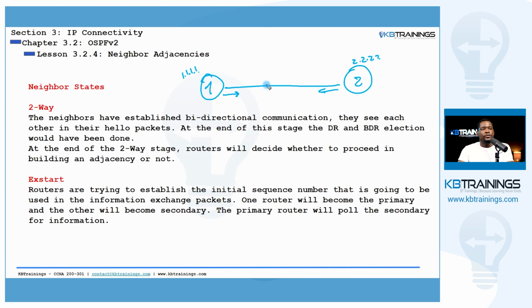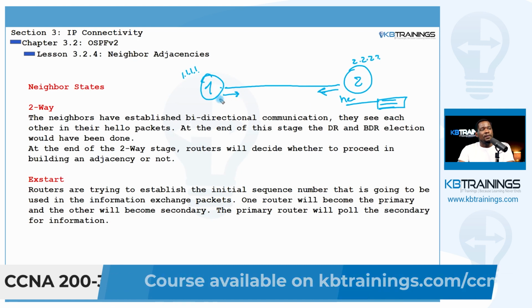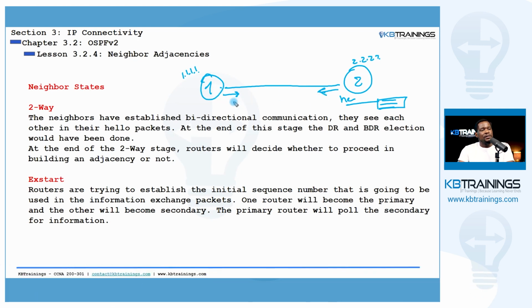So when router 2 receives a hello packet from router 1, it can see inside of it that router 1 knows about it. So under the neighbors, it's going to find its router ID. That's the two-way. And router 1, when it receives a hello packet from router 2, is going to see its router ID inside the hello packet. Here we are at a two-way state.